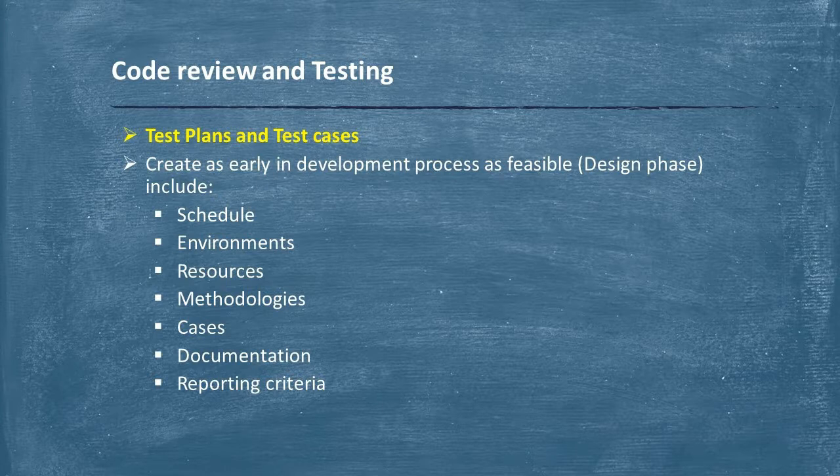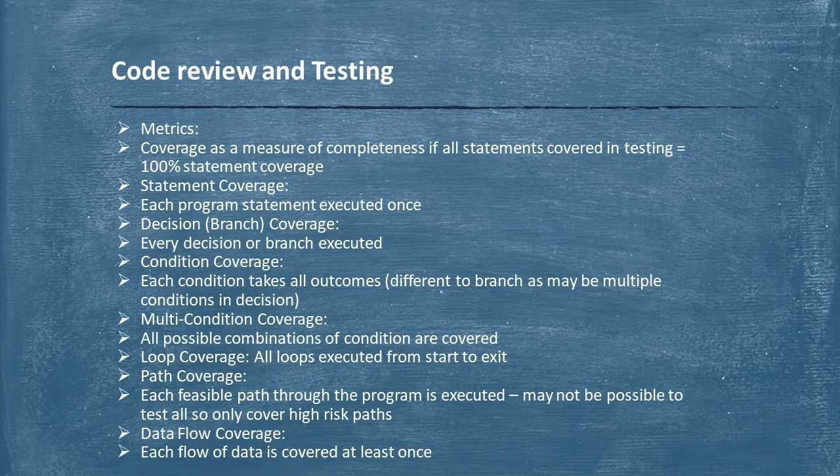It contains the environment, under what environment this application needs to be tested, and the resources for testing, the tools and the testers, what methodologies are going to be employed, the number of test cases, documentation of the test cases, the reporting criteria, and what metrics are going to be collected, like the number of bugs. All of these are available in the test plan and the test cases.